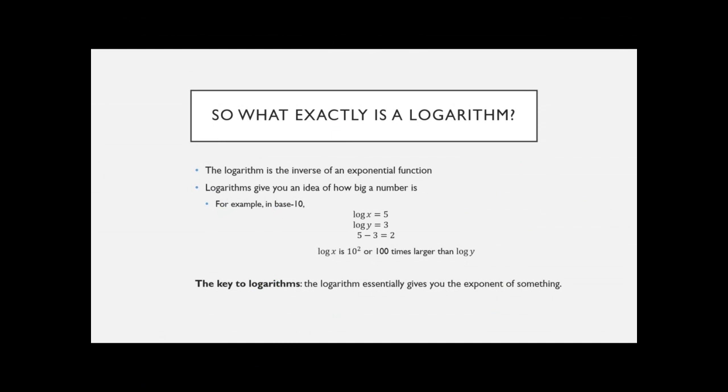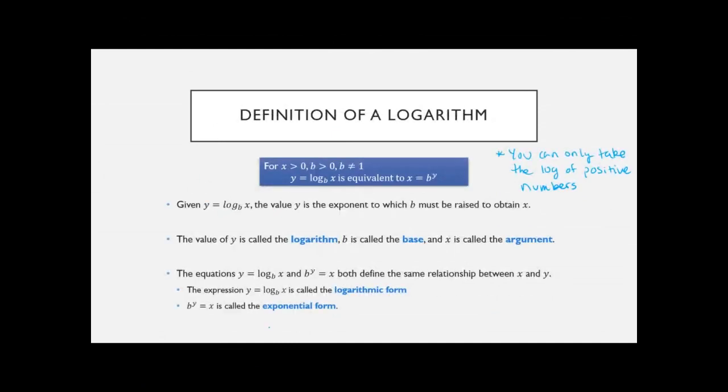Let me see which slide I have that on. If we go back to this definition of a logarithm, the regular log assumes that this base, b, is 10. Because we usually use 10 when we're counting, that's our normal base system.